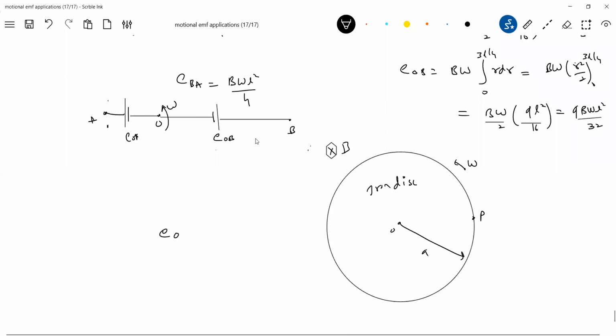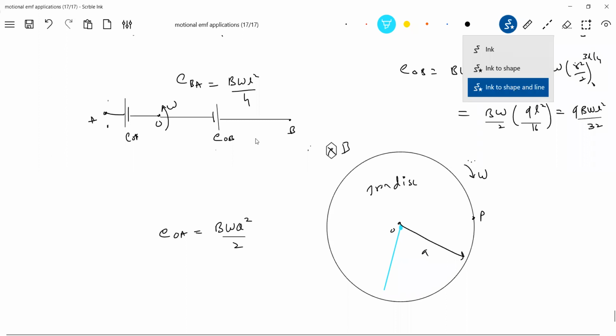I'll directly write EOA. Now again come for this one. B bar into the plane. Let me put clockwise. Now what should be EOA? EOA should be equal to B omega A square by 2. What is this iron disc? Shall I assume it is made up of rods? Then what is the EMF induced across one rod? That will be the same across all the rods.